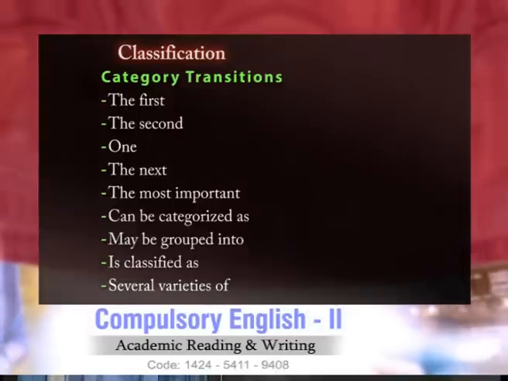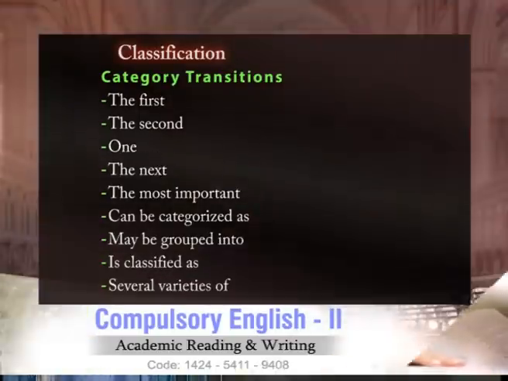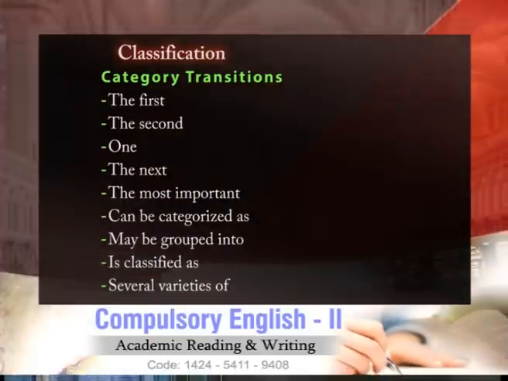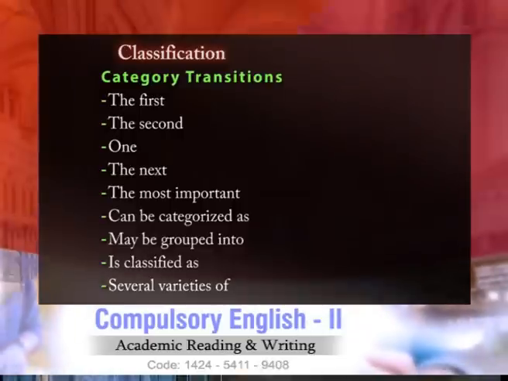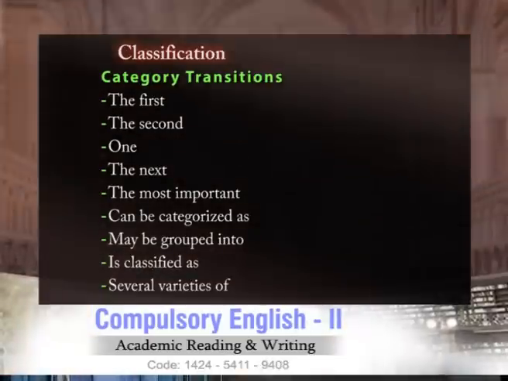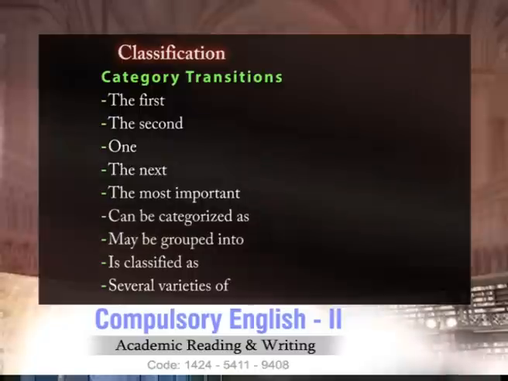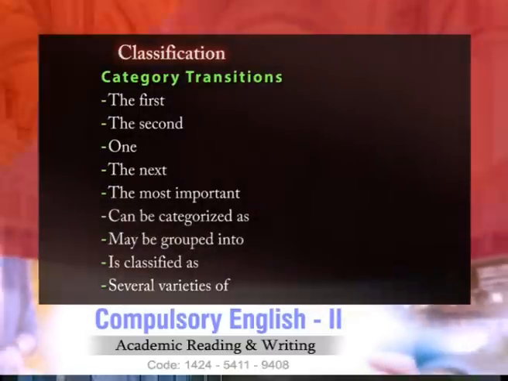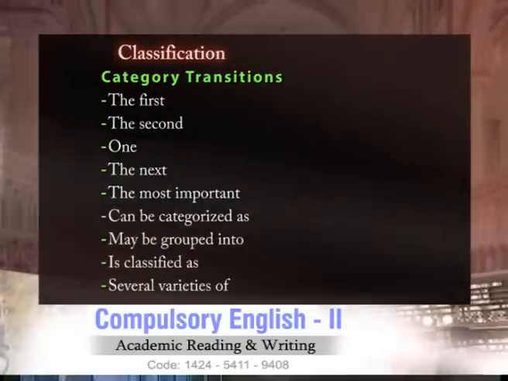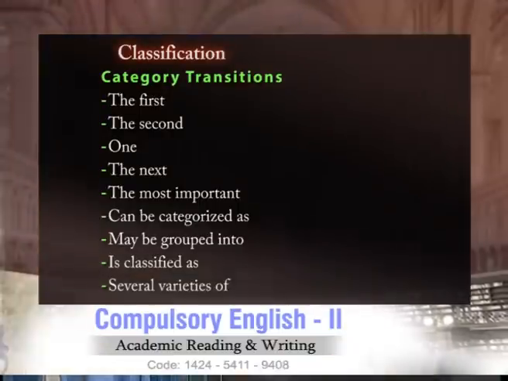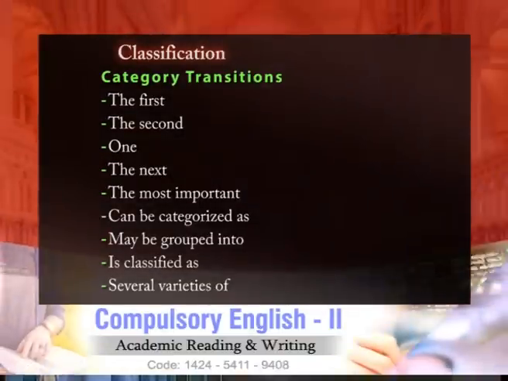The first category, the second category, one category, the next category, a more important category, the most important category, can be categorized as, may be grouped into, is classified as, and several varieties of.